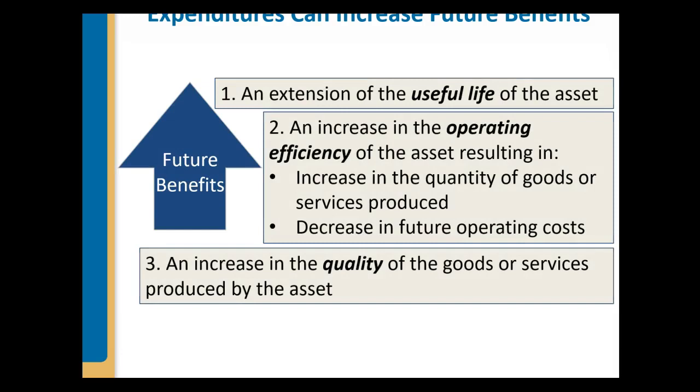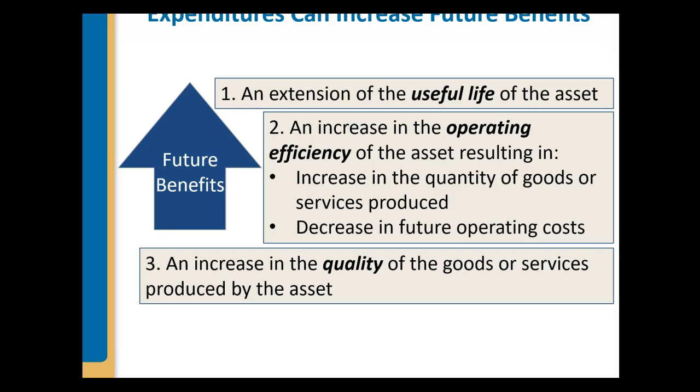Expenditures related to assets can increase future benefits in the following ways: an extension of the useful life of the asset, an increase in the operating efficiency of the asset resulting in either an increase in the quantity of goods or services produced or a decrease in future operating costs, and an increase in the quality of the goods or services produced by the asset.